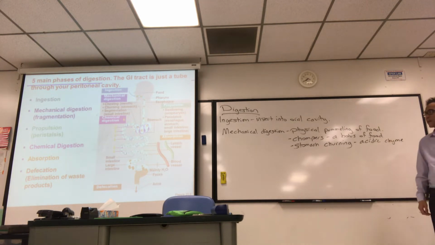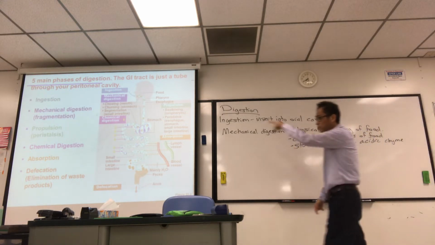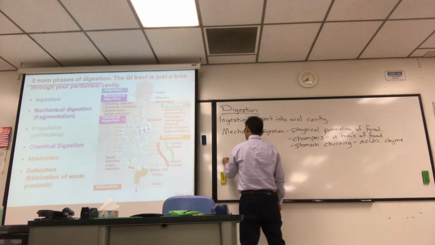But then, to really break up the food to absorb at the molecular level, you're going to have chemical digestion. Before you can have that, you really need to go over propulsion. I'm going to say peristalsis.